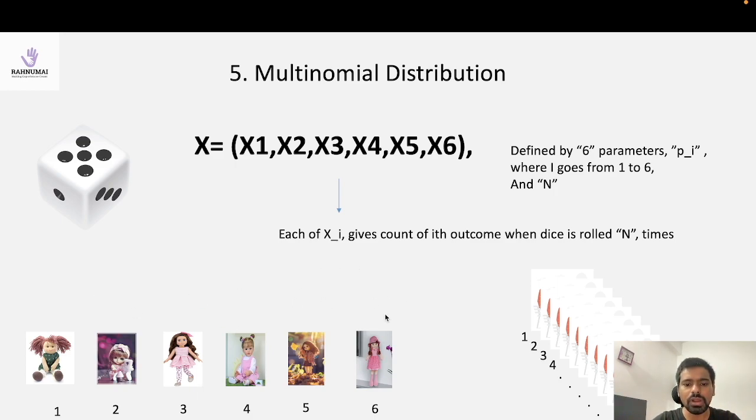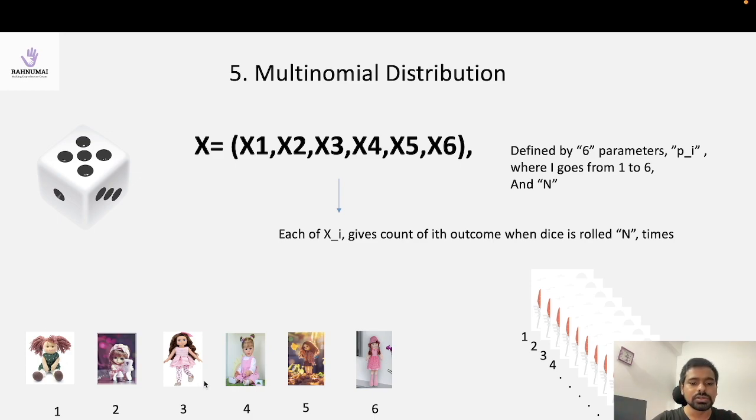So this is like a categorical distribution, where one of the outcomes is occurring. But now suppose another parent comes and again they buy one of them, and so on. Suppose in a day n customers come and each of the customers may buy one of these 6 dolls.